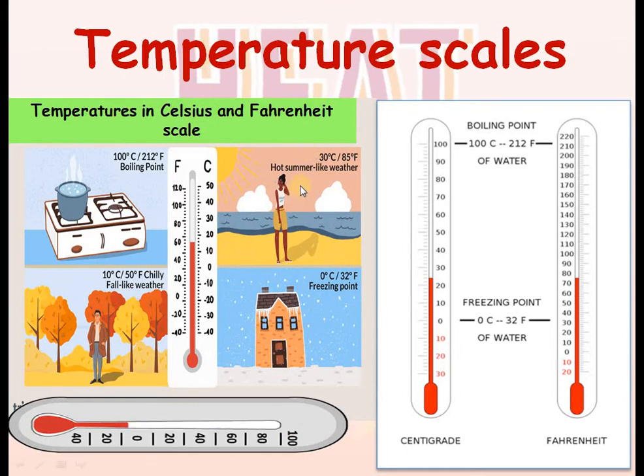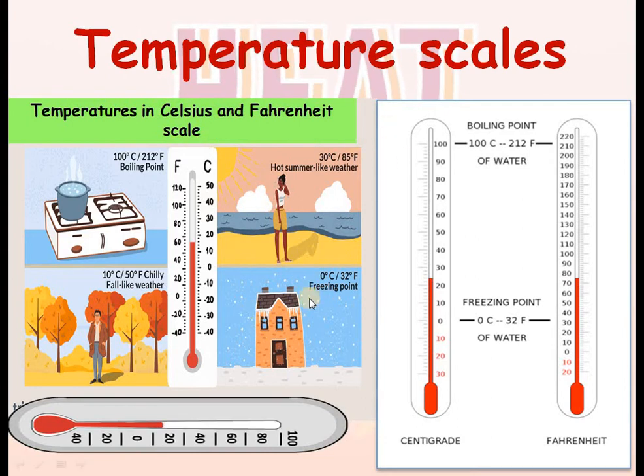Like, if you want to express the temperature of hot summer weather in degrees Celsius, you will say 30 degrees Celsius. But the same temperature, 30 degrees Celsius, will be 85 degrees Fahrenheit on Fahrenheit scale.